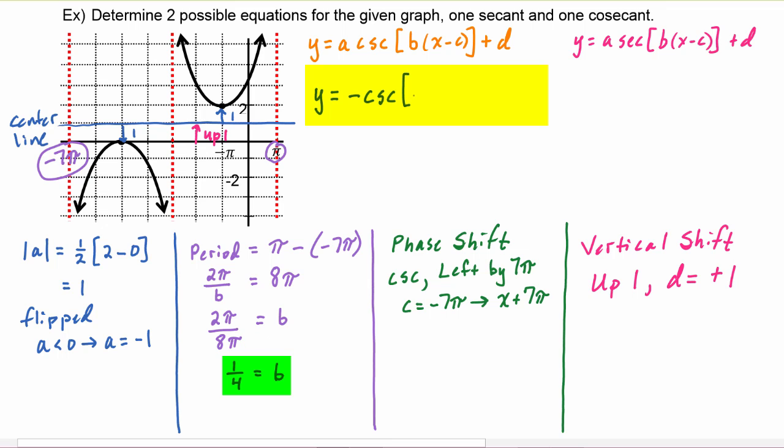B is 1/4 times x minus, now remember c was negative, so we're writing x plus 7 pi. And the vertical shift was up by 1. So there's our cosecant function.